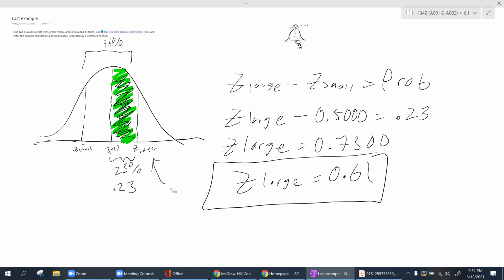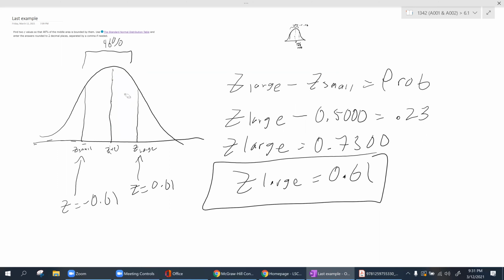One thing you can say, since this entire thing is symmetrical: if this is z equals 0.61, what is this going to be? Negative 0.61. If you ask whether you need to find the one on the right, no, you can do it the other way, and you would see it gives the same answer.